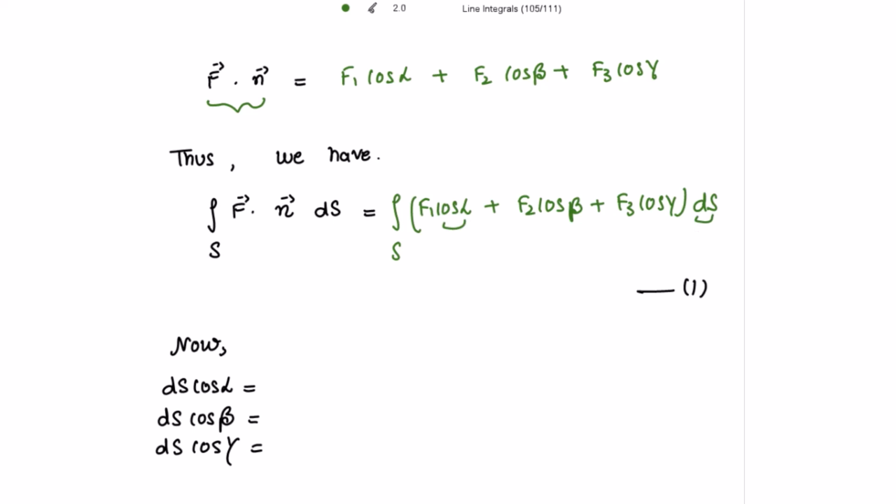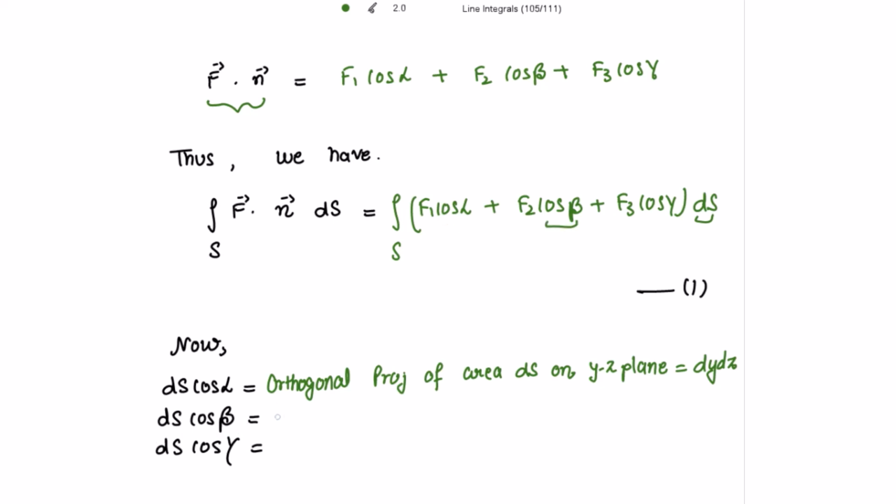Now cos alpha dS, what is that? That is the orthogonal projection of area dS on the yz plane, which is also equal to dy dz. Similarly, what is dS cosine beta?